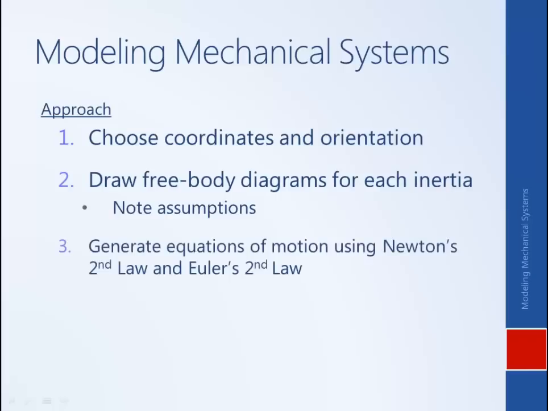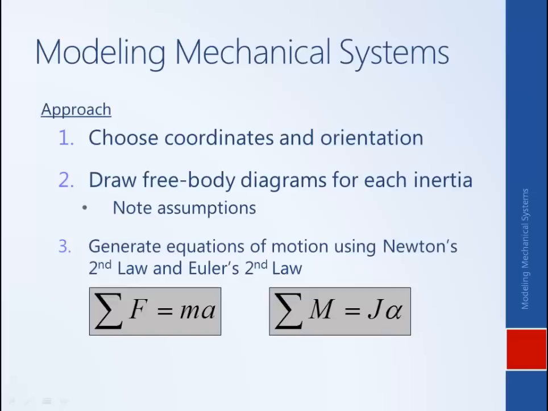Then we will generate the equations of motion, i.e. the differential equations, using these two equations we showed previously, Newton's second law on the left and the rotational version of Newton's second law. And then finally, we will attempt to double check our results to verify that our equations of motion, the differential equations that we've generated, make intuitive sense.